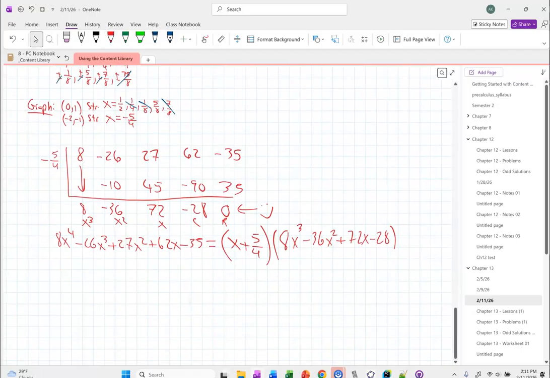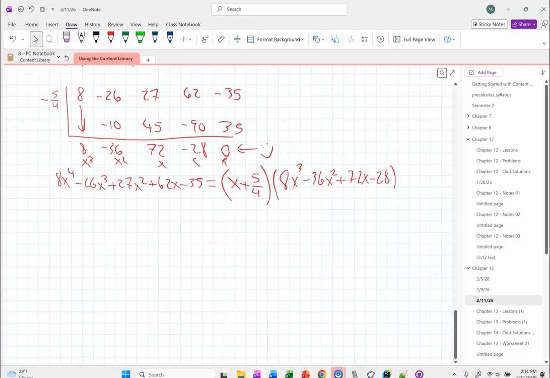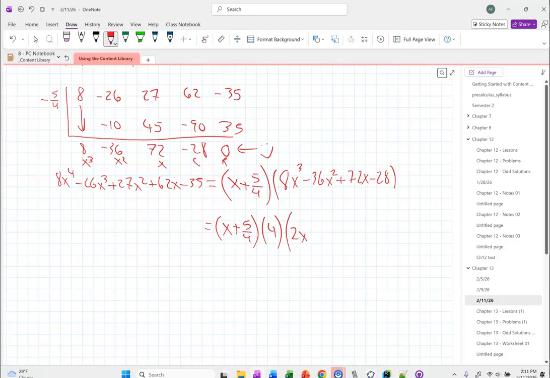And now if I look at these coefficients, what do you notice about these coefficients? They're all divisible by 4. So I'm going to factor that 4 out. And then I'm just going to distribute it through here.